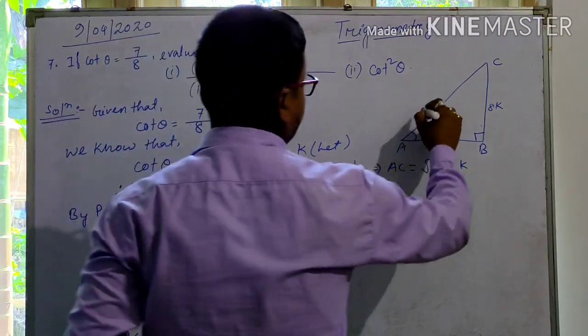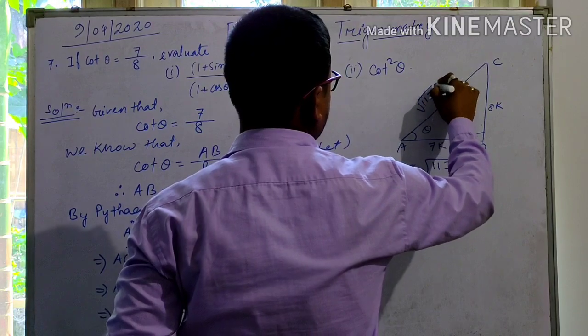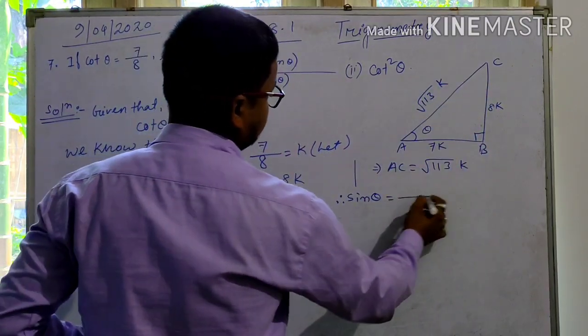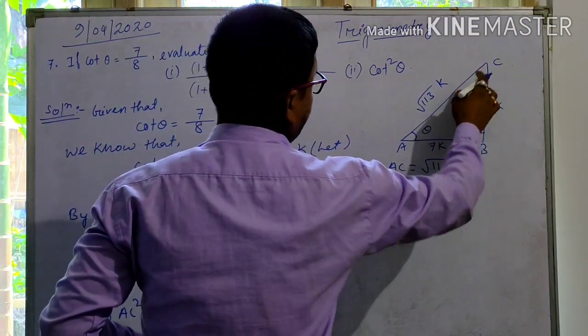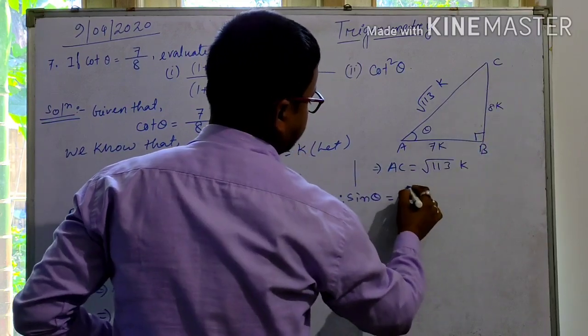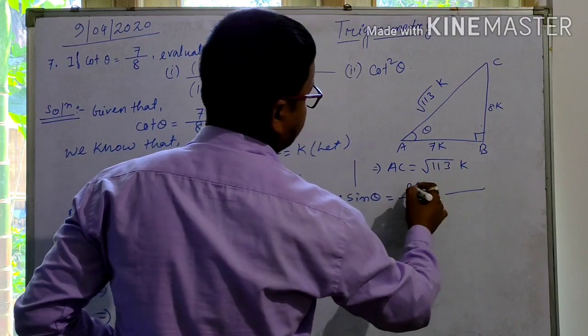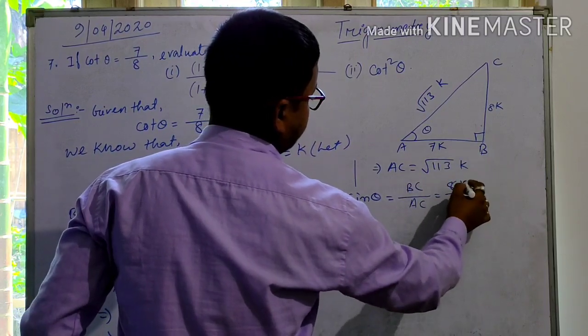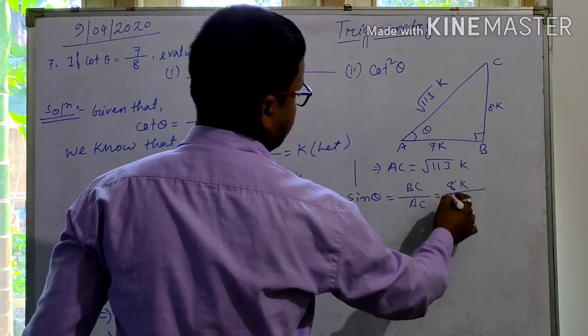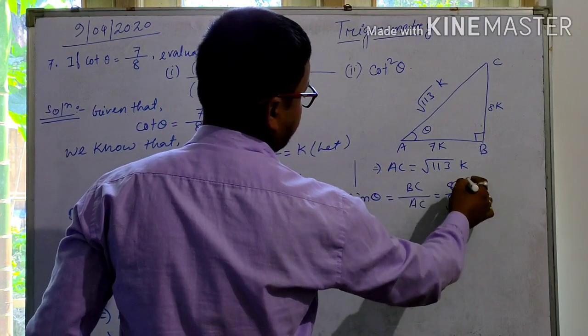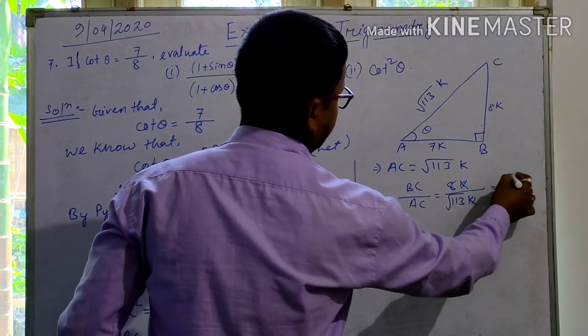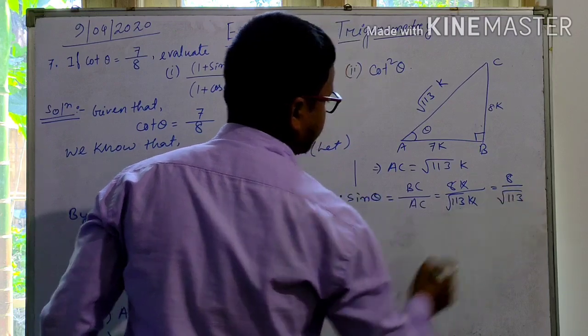So sin theta means perpendicular by hypotenuse. Here perpendicular is BC, so BC by AC. BC is 8K and AC is root over 113 K. This K cancels, you will get 8 by root over 113.